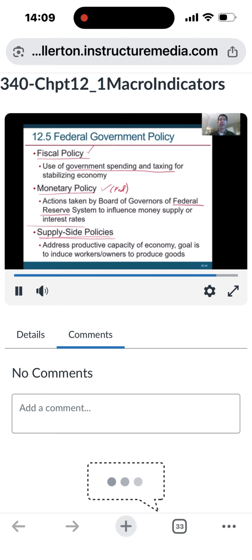If there's more supply of goods and services, that's really what the wealth of a country is, right? Producing more output. So supply side policies were policies that were trying to address the productive capacity or the supply of the economy. And the goal of a supply side policy would be to induce workers or producers to produce more, or owners to produce more goods, just to make more things.